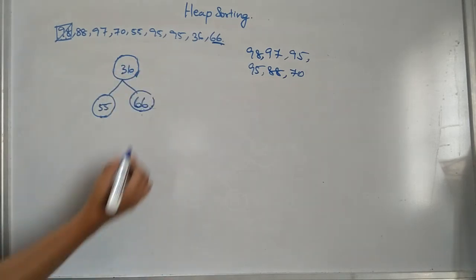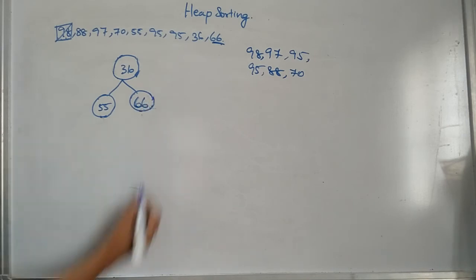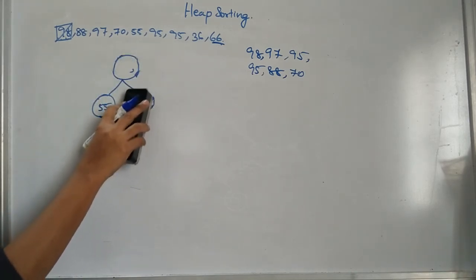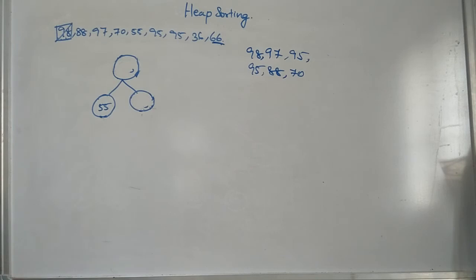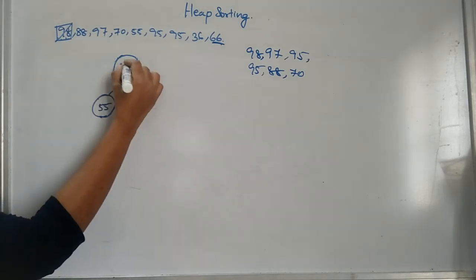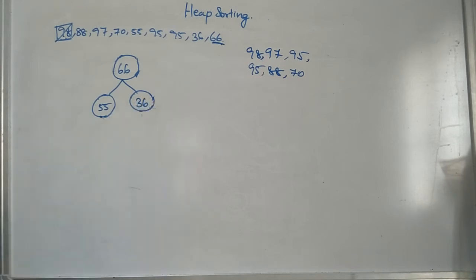Checking, 36 is less than 55 and 66, so it must be replaced by 66. We are doing the swapping operations, right? So it will be replaced like this. Now it obeys the conditions for the max heap.